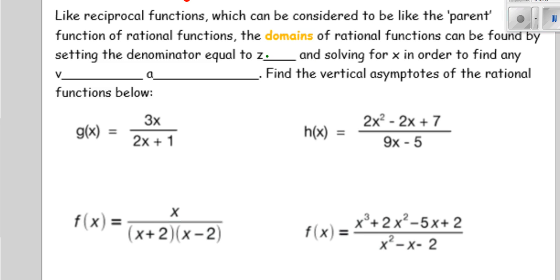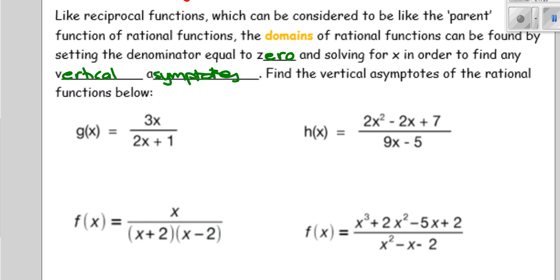For vertical asymptotes, you just set the denominator equal to 0, like we did with the reciprocal functions, and solve for x. So the domain is x cannot equal 7, or whatever the vertical asymptotes are.